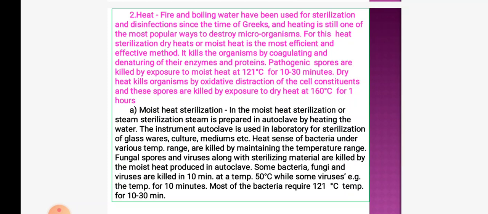Fungal spores and viruses, along with sterilizing material, are killed by the moist heat procedure produced in the autoclave. Some bacteria, fungi and viruses are killed in 10 minutes at 50 degrees centigrade. Most of the bacteria require 121 degrees centigrade for 10 to 30 minutes.